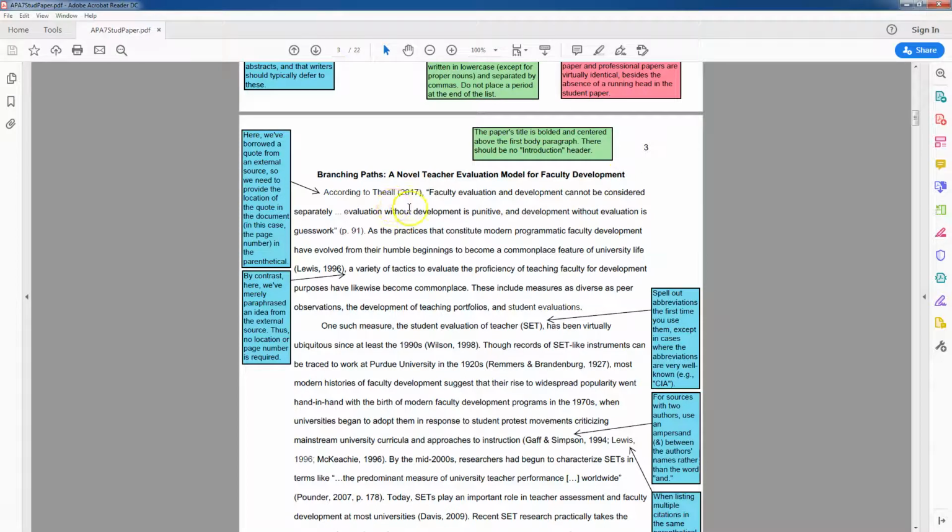You can see that they are using an in-text citation here, Theol 2017. They've also used a direct quote. I'm a big fan of telling students that you really need to be the author of your paper, so paraphrase rather than use direct quotes if you're in my classes.